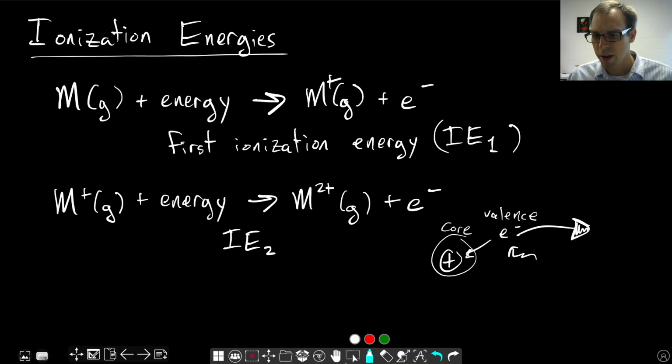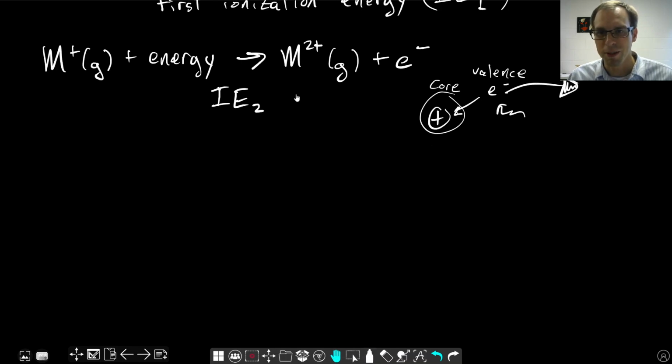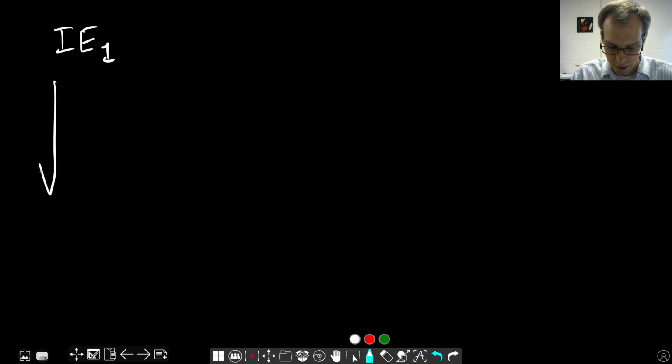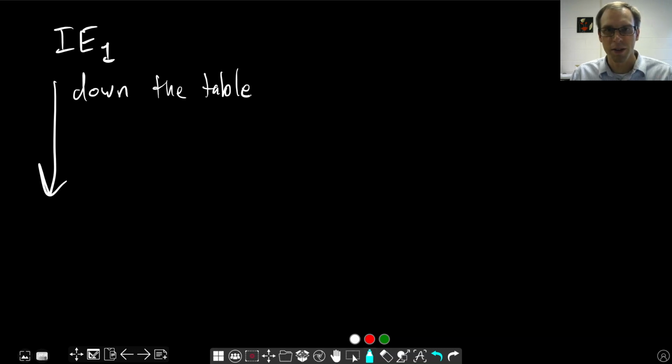Now, in the periodic table, there are some trends that we can observe in first ionization energy. So if we look at IE1, we can look at the trend as we go down the periodic table. So as we go from top to bottom, we can think about this in terms of similar to the size of an atom.